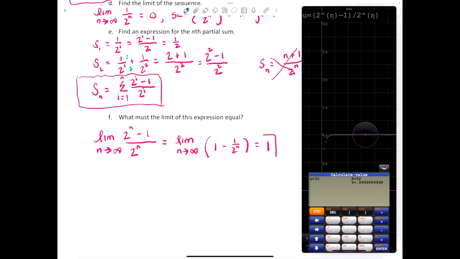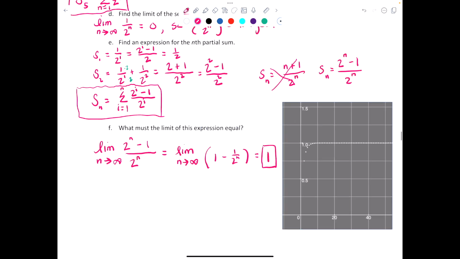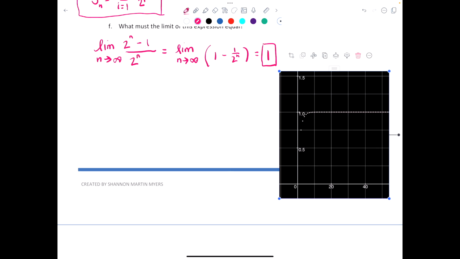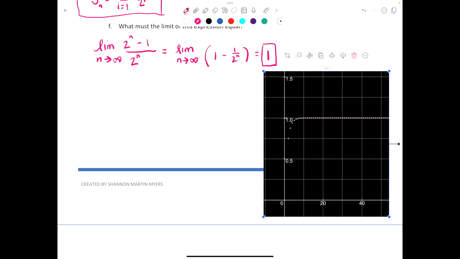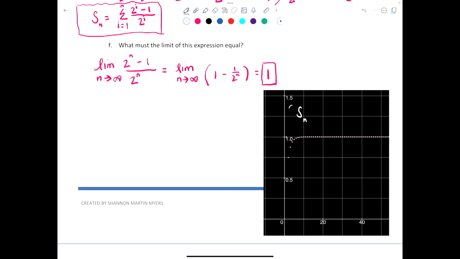And so, whoops. So we'll make our picture. All right. And so what'll happen is you can see the graph, and this right here is the sequence S sub n, where S sub n is equal to (2 to the n minus 1) over 2 to the n, and we're assuming S sub n is ordered.